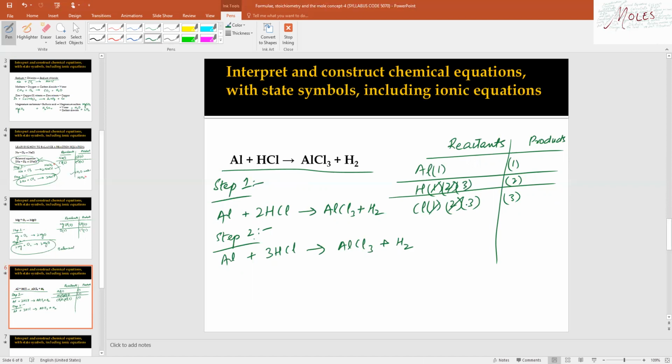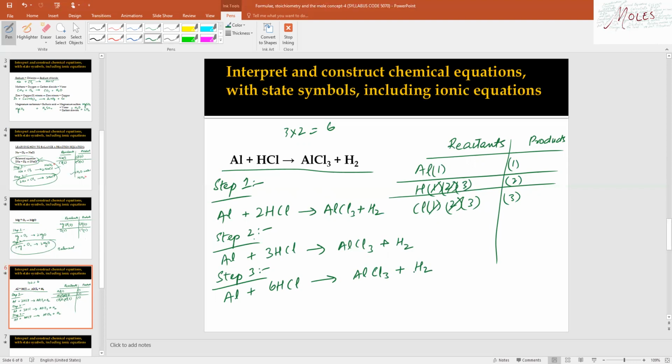Think of another way of balancing both. We will get 6 by multiplying 3 by 2. So instead of placing 2 or 3, if we will place 6 before HCl, what will happen? Step 3. Equation will become like this.